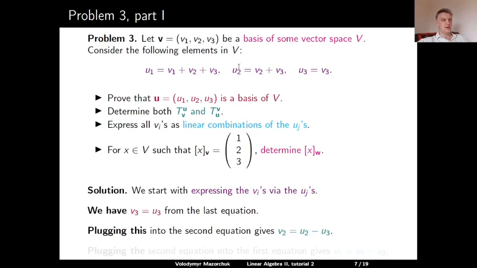And if we plug the second equality into the first one, so V2 plus V3 is equal to U2, and move U2 to the left, we get that V1 is equal to U1 minus U2. So each Vi can be expressed as a linear combination of some Uj's.